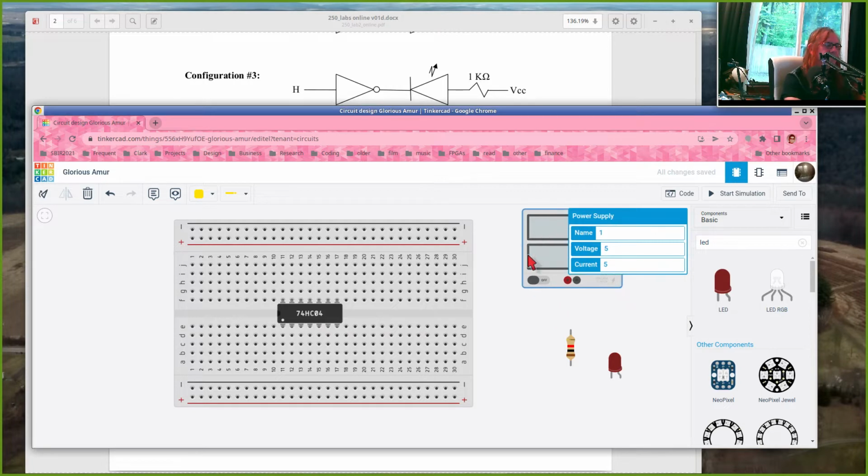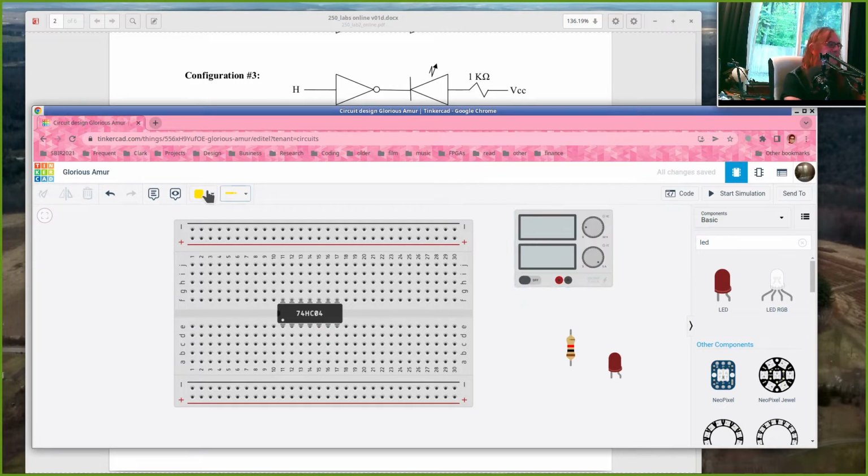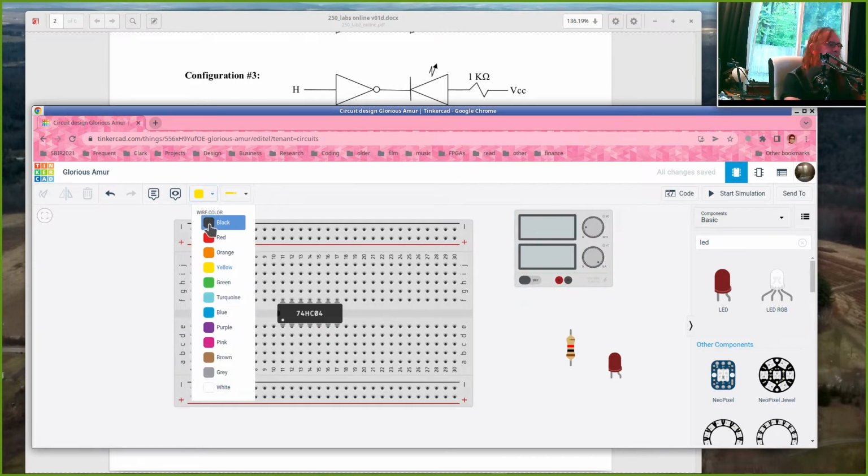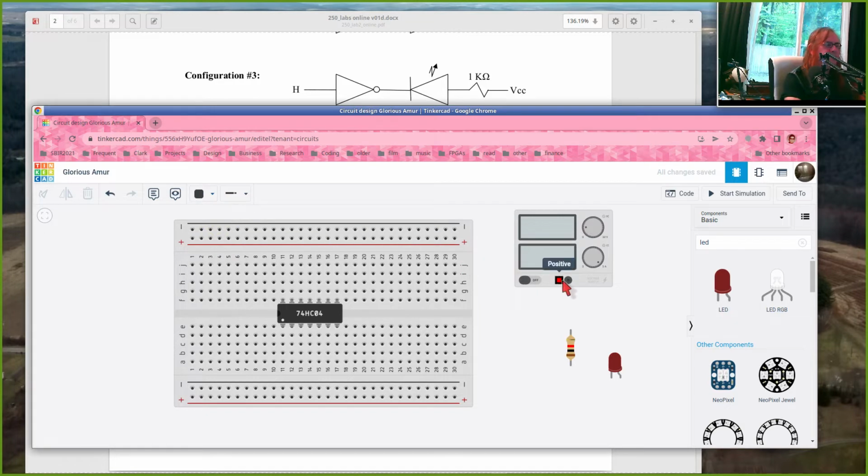All right, let's hook up power. So I'm going to use ground. And come across like that. And I'm going to put power.